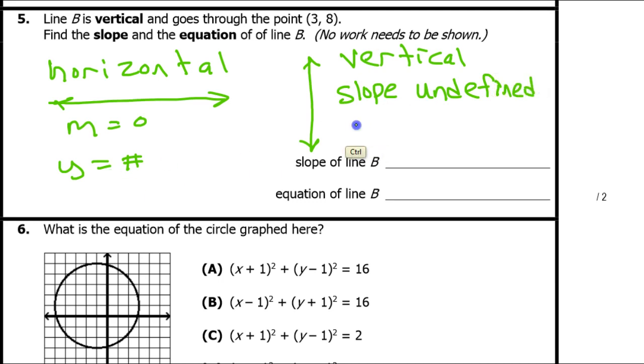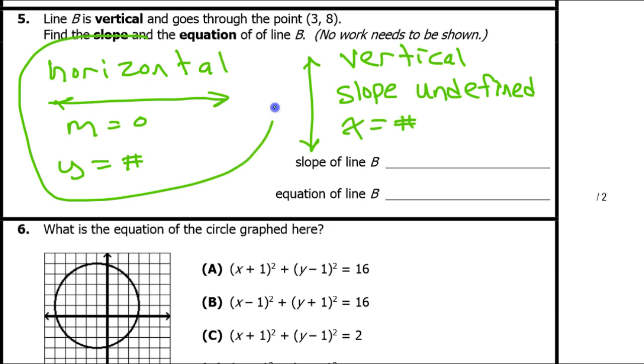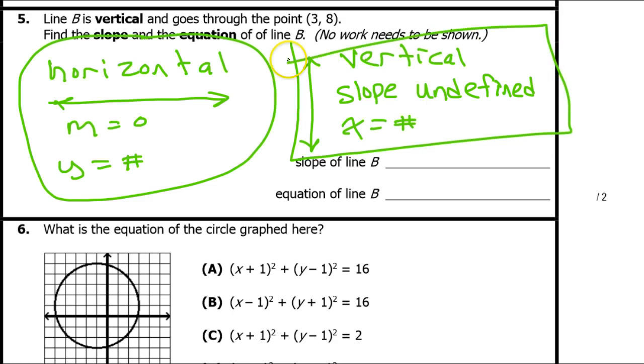And the equation of a vertical line is always x equals something. x equals a number, like x equals 5 or x equals -1. So this is the information that you need to have memorized. You need to memorize that these four concepts all go together. And similarly, these four concepts all go together.